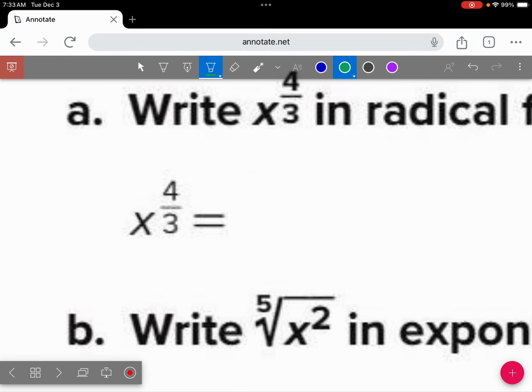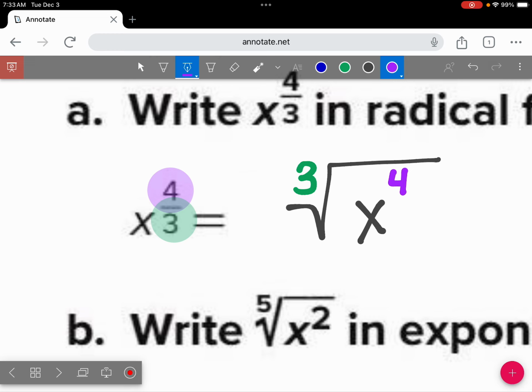On this x to the 4/3, our power is 4 and our index is 3. So the index, 3, goes in here. This is the cube root of x to the power of 4. That is it in radical form.